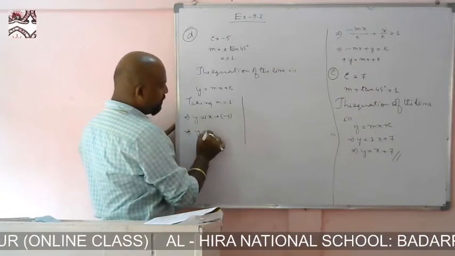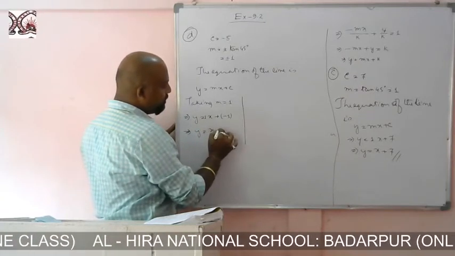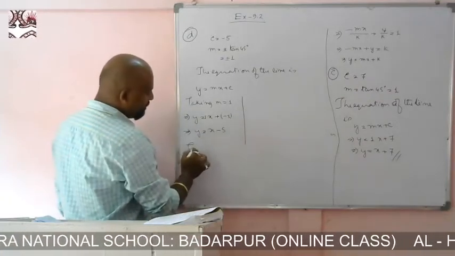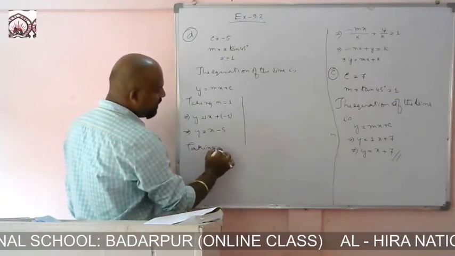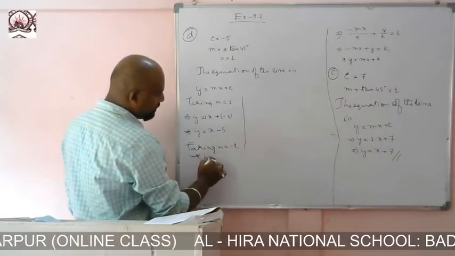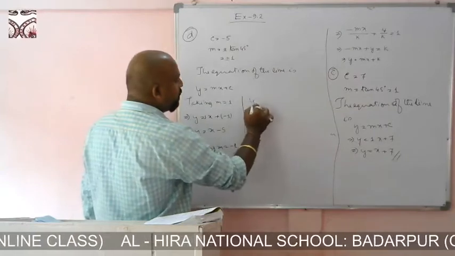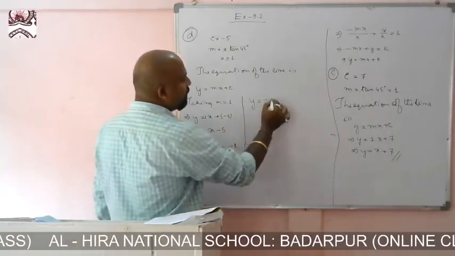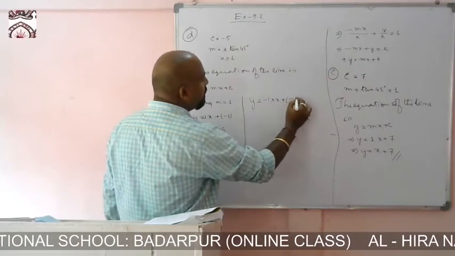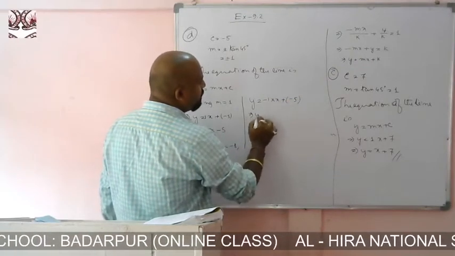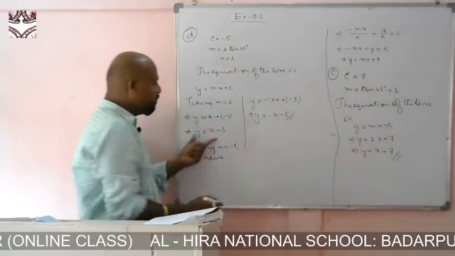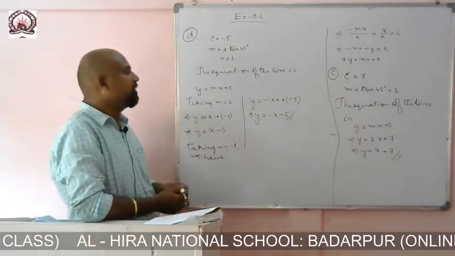Then y equals x minus 5. Now taking m equal to minus 1, y equals minus 1 into x plus minus 5. Then y equals minus x minus 5. These are the two equations of the line.